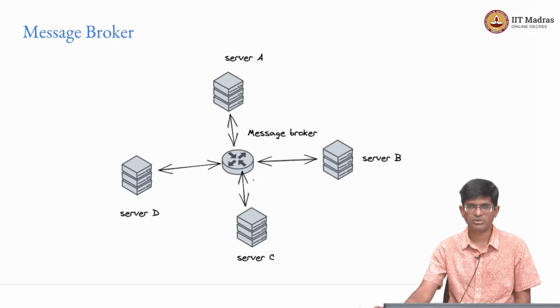It might actually be able to say, okay, look, I don't really need to send out all these messages to all the other servers. All I need to do is collect information from these servers and, if necessary, wake up the servers who need to respond, or alert them in some way that there is a message waiting for them. Okay, so that amount of minimal intelligence can be baked into the message broker, but it does not by itself need to do anything very dramatic.